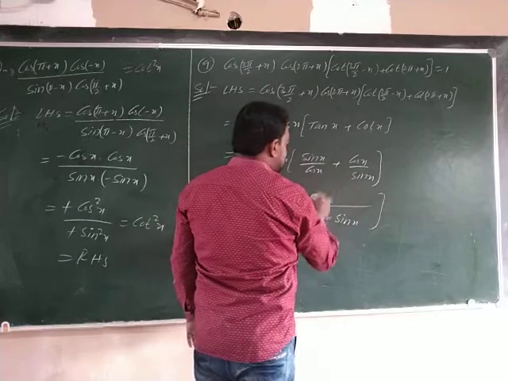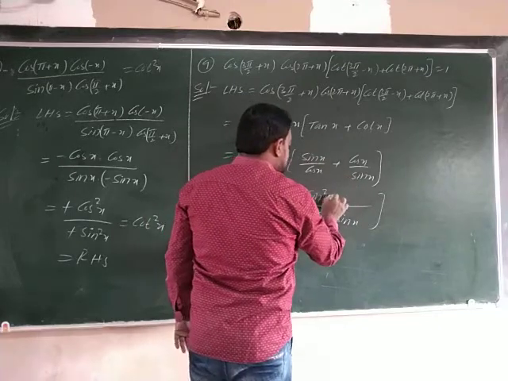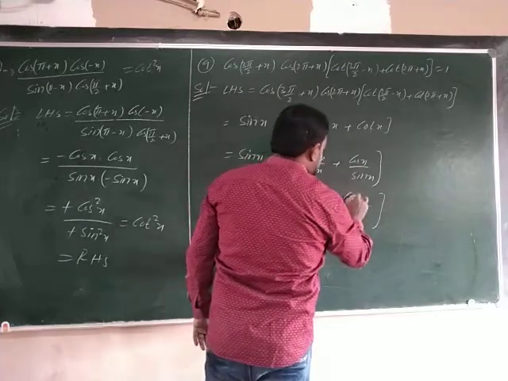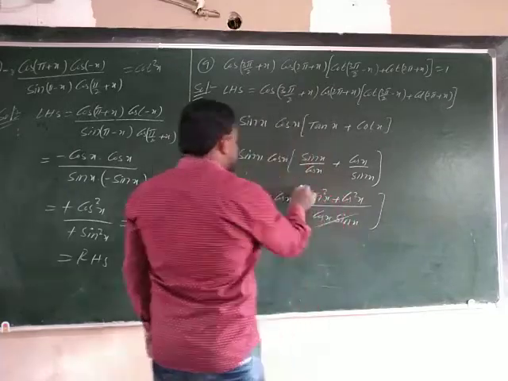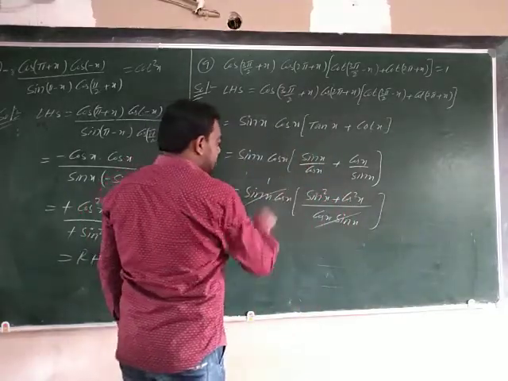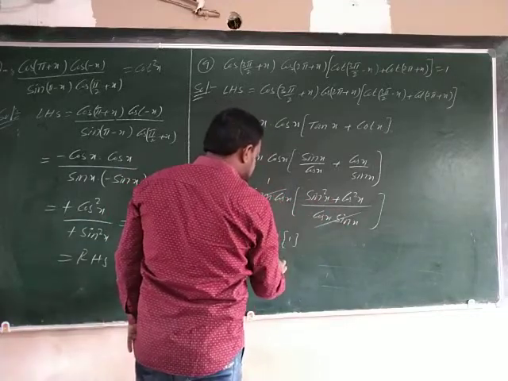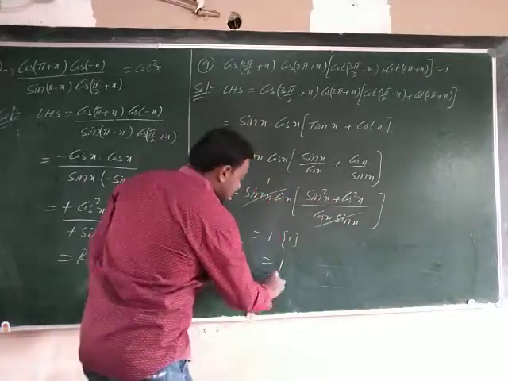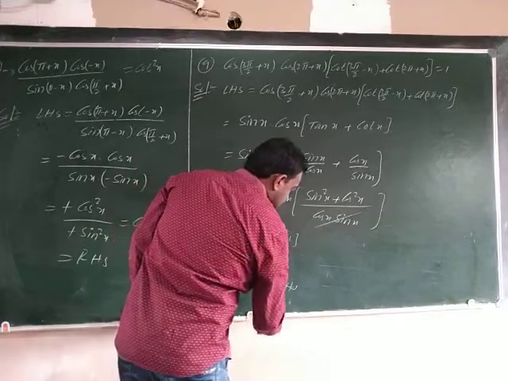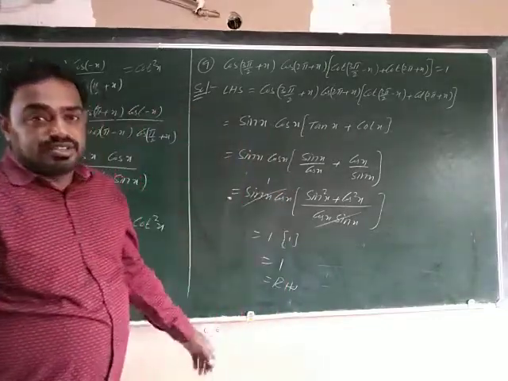Numerator: sin x into sin x, sin square x, plus cos x into cos x, cos square x. Cos x sin x gets cancelled. 1 into cos x sin square x plus cos square x is equal to 1. So 1 into 1 is equal to 1. This is our RHS. This is the answer.